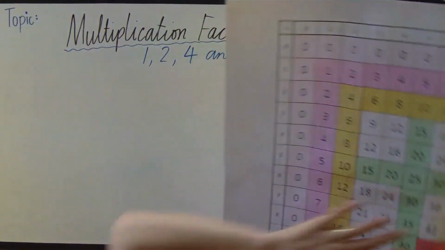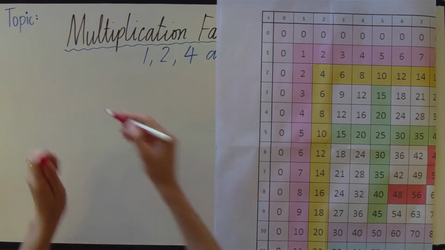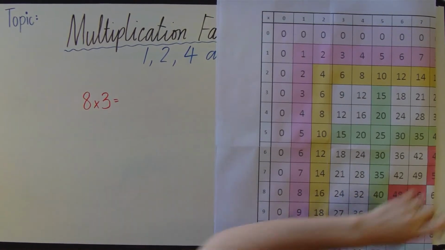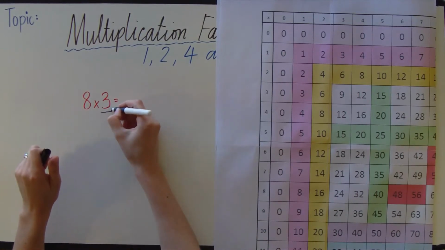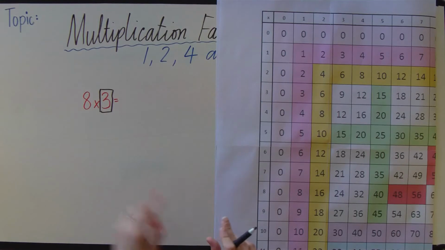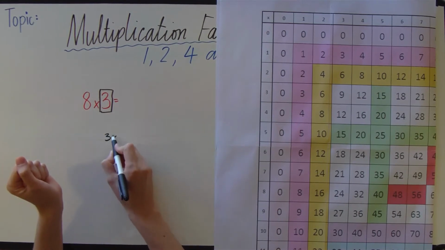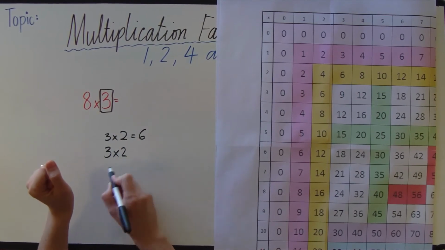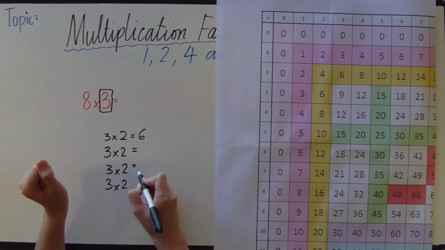So we're just going to use the example of 8 times 3. When we're multiplying by 8, anything by 8, we can simply double this number 4 times, which means just times it by 2, 4 times.